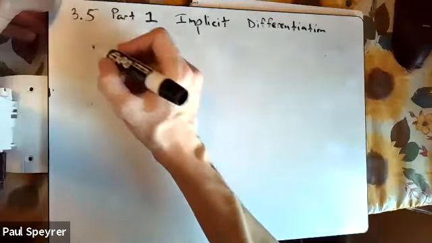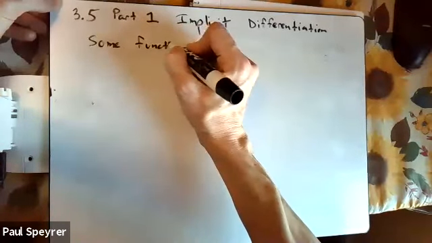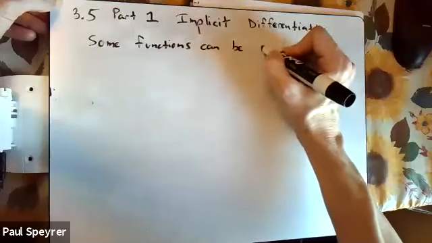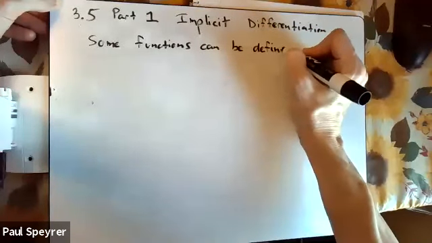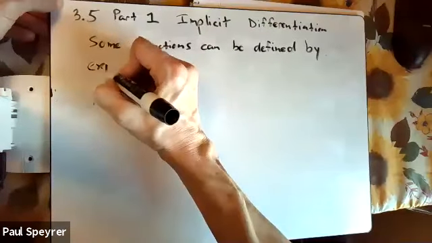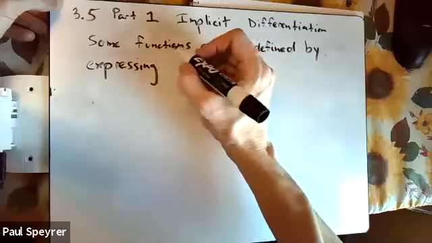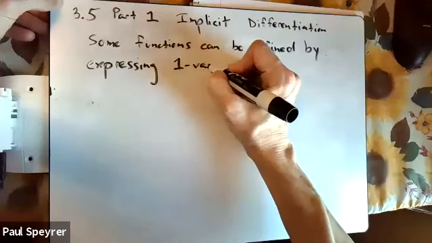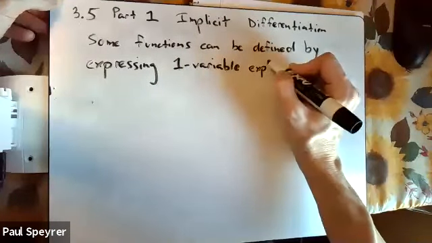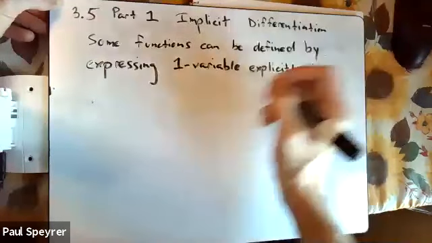So what is that? Some functions can be defined by expressing one variable explicitly in terms of another variable.